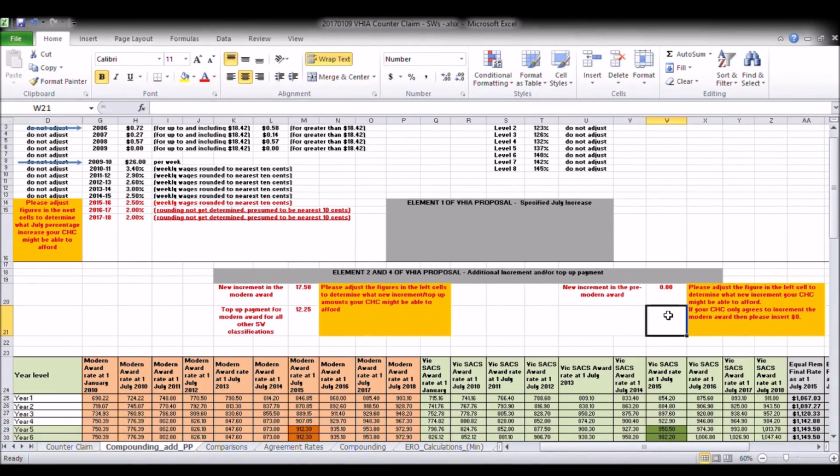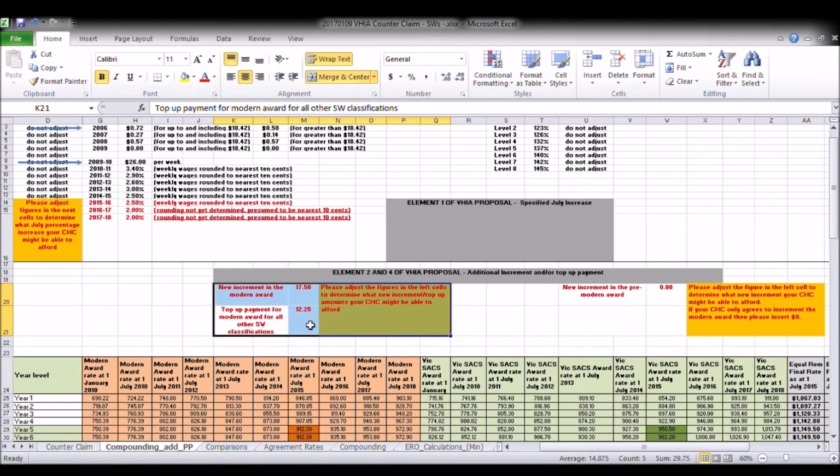The last element of the VHIA Proposal 2 is the top-up payment here. Currently, the top-up payment for social workers and the other occupations is a percentage of the $17.50 that some community health centres were supportive of.